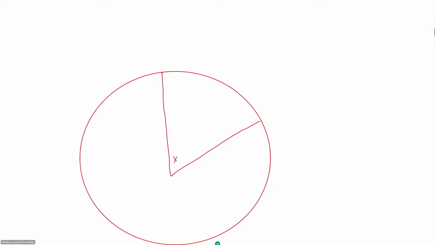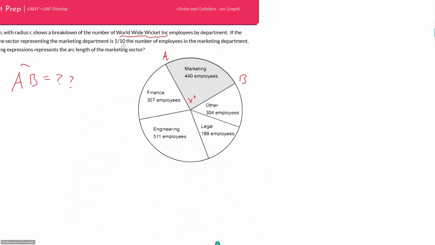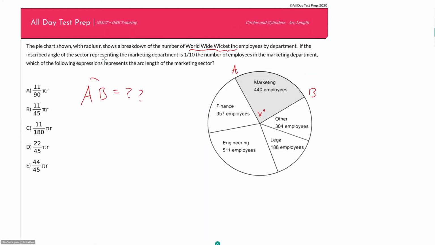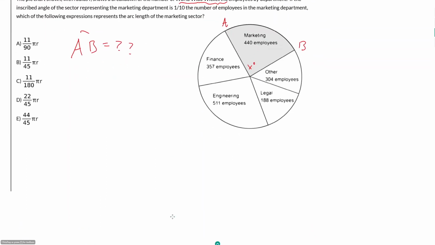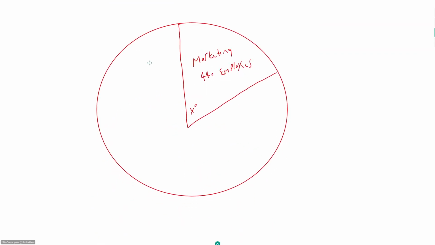We are looking for this central angle here. And they said you have 440 employees in the marketing department. And then they told us something about the inscribed angle, right? They said the inscribed angle for the marketing department is 1/10 the number of employees in the department.